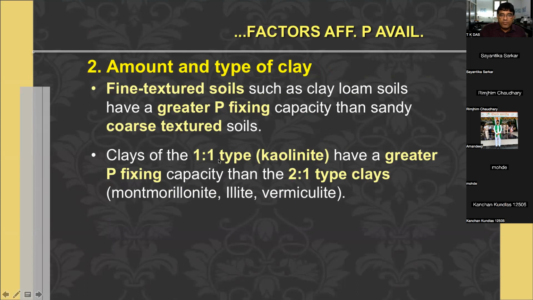Clay of the 1:1 type, for example kaolinite, has a greater phosphorus fixation capacity than the 2:1 type of clays, like montmorillonite, illite, and vermiculite. Therefore, you can see that in acidic soils, you will get more phosphorus availability.